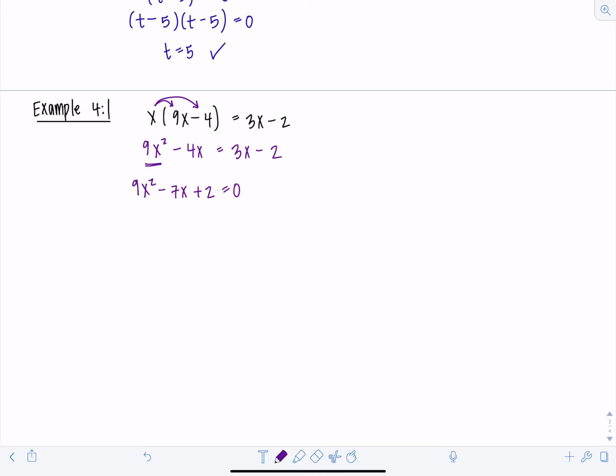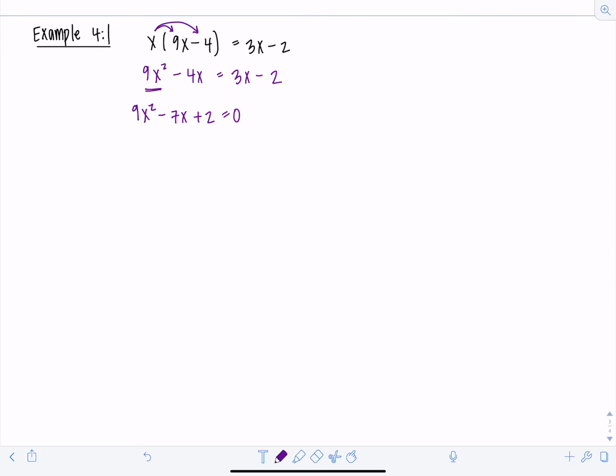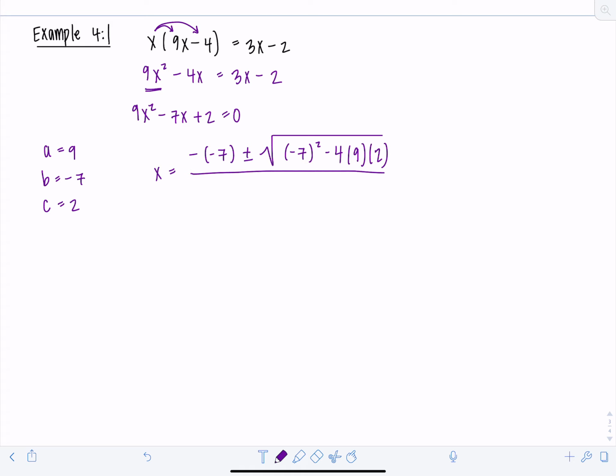Great, so let's list out the values of a, b, and c. So a is equal to 9, b is equal to -7, and c is equal to +2. So x is going to be equal to the opposite of b, so 7, plus or minus the square root of b squared, so -7 squared, minus 4 times a, which is 9, times c, which is 2, all over 2 times 9.